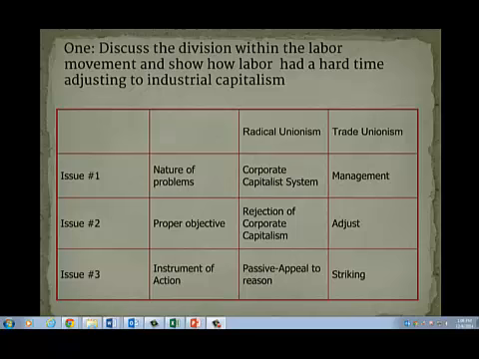Another issue that labor is going to confront during this time is as machinery technology comes to represent a larger capital investment, it was thought necessary to have the worker adjust to the machinery rather than have the machinery adjust to the worker.